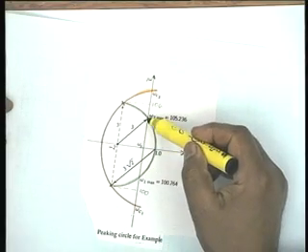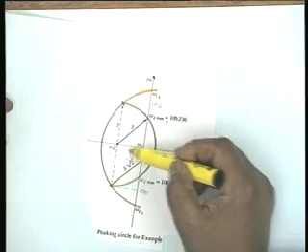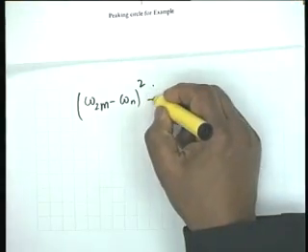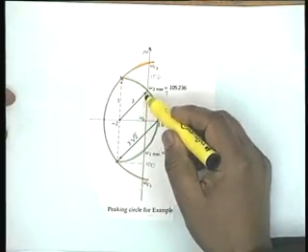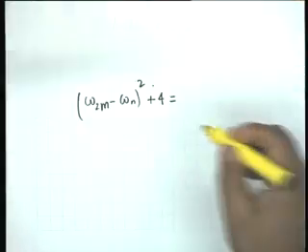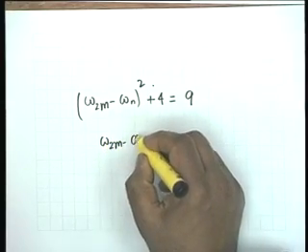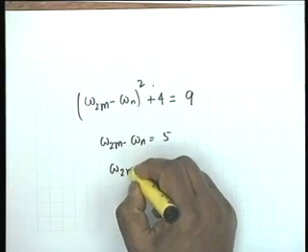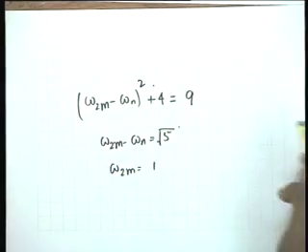Consider this right angle triangle: (omega 2m minus omega n) squared plus base squared, base is 2 and therefore plus 4, would be equal to the hypotenuse squared, which is 3 squared, therefore 9. Therefore, (omega 2m minus omega n) squared is 5.